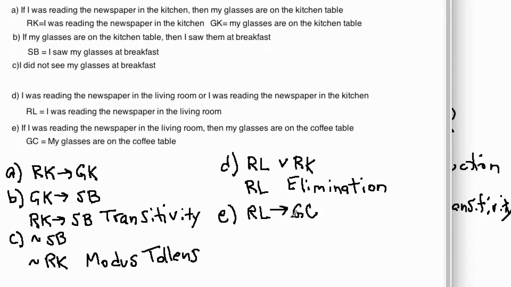RL and RL implies GC allows me to conclude the glasses are on the coffee table. Okay, and this rule over here was modus ponens. This is what's called a direct proof. Okay, you should study this and do your homework. More later.